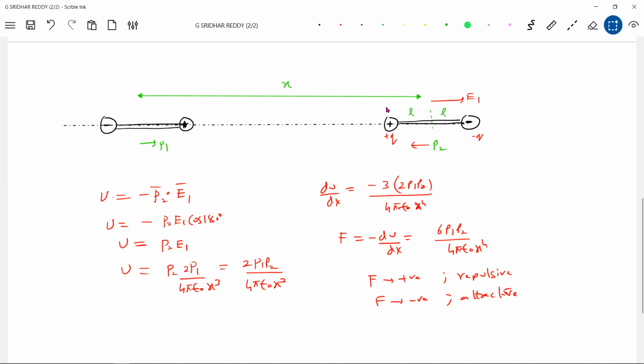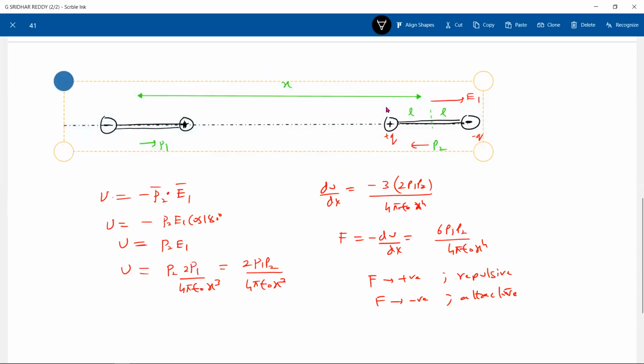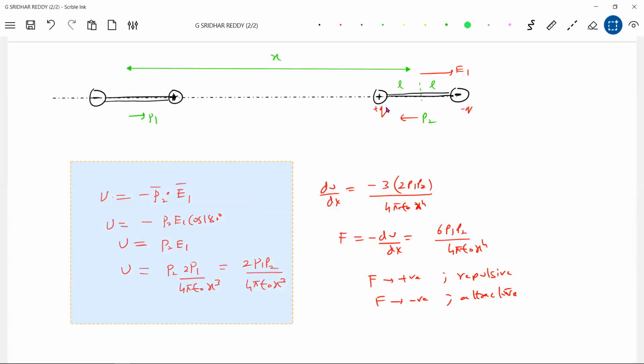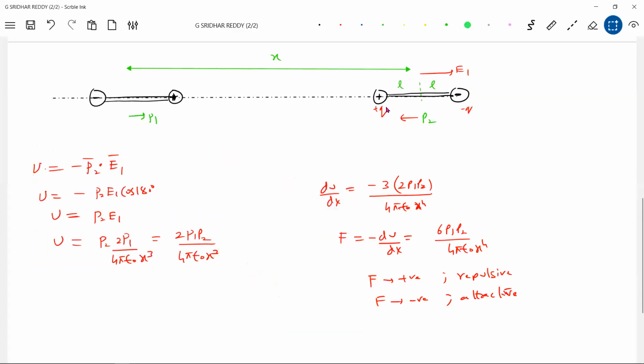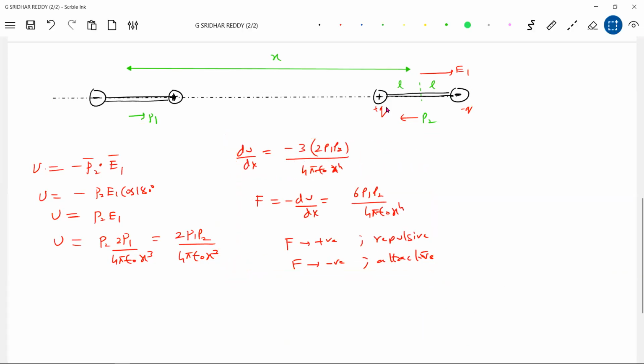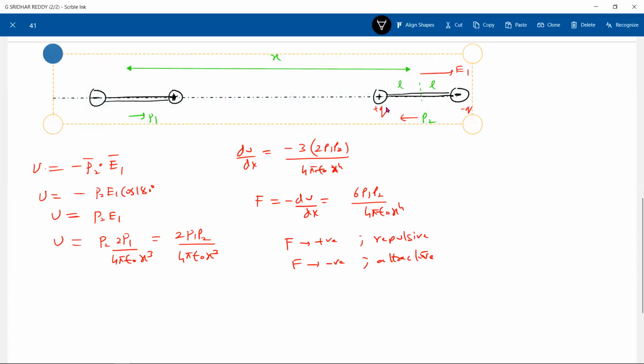Now, similarly, look at the electric dipole moments: here they are in opposite directions. If the electric dipole moments are in the same direction, what conditions will arise? Slightly, I'll change the diagram.